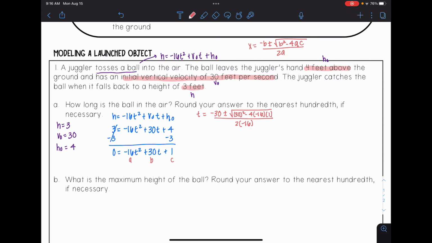And so simplifying in the top here, I get negative 30 plus or minus the square root of 964, all over 2 times negative 16, which is negative 32.